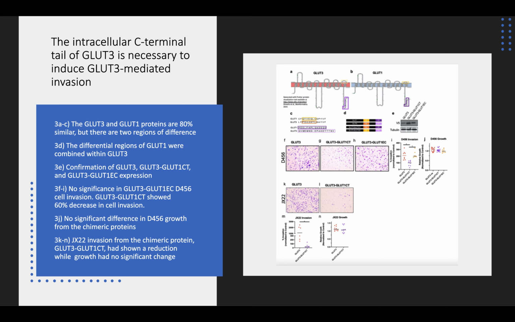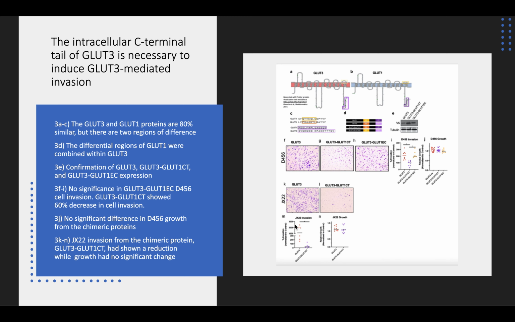As it relates to 3K and 3L, in 3K this is GLUT3 as it relates to JX22. And then in 3L, this is GLUT3-GLUT1CT, as it relates to the JX22.